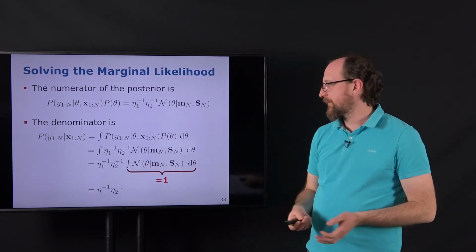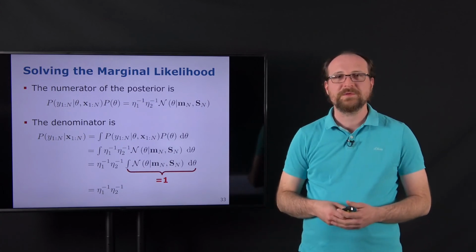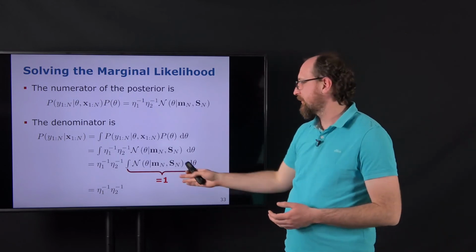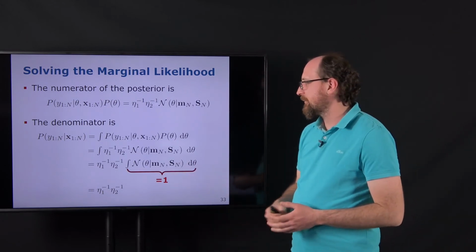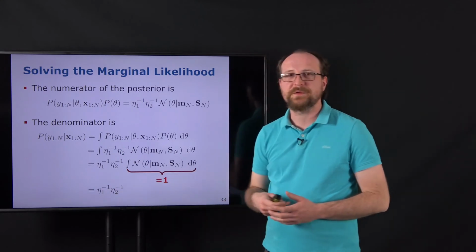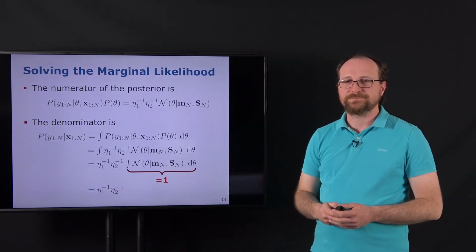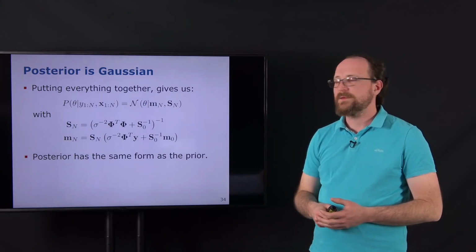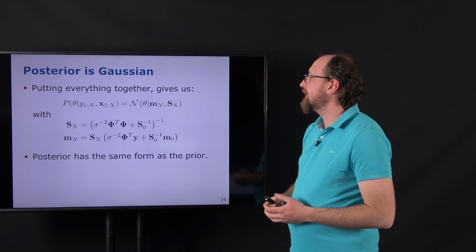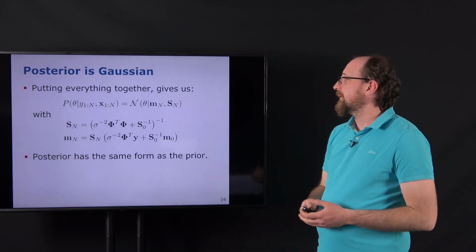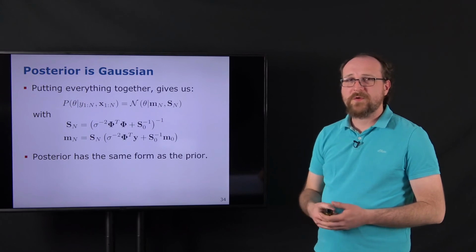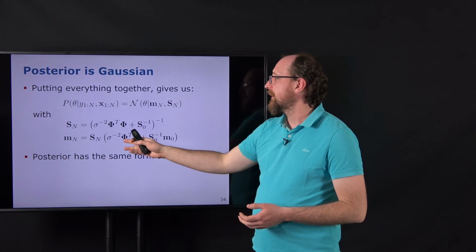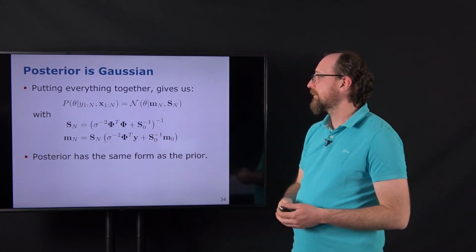Because it's a valid probability density, when we sum over all values of this normal distribution, this is of course 1, and then we are just left in the denominator with the constants. And when we put everything together, we get the following nice form of the posterior, which is Gaussian with this mean and with this covariance.